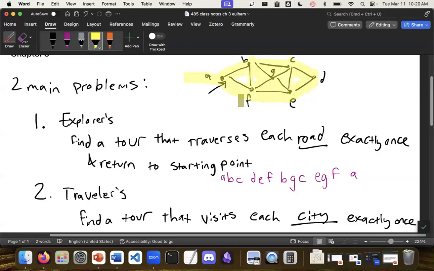We've also visited some cities multiple times, like F and B, but that doesn't matter. Our goal is to take every edge exactly once, and we do that. Great.